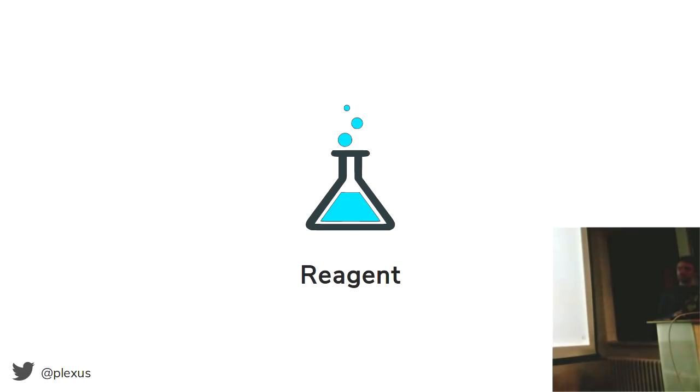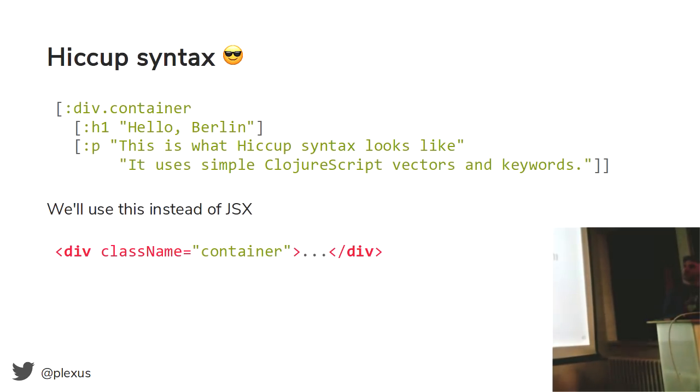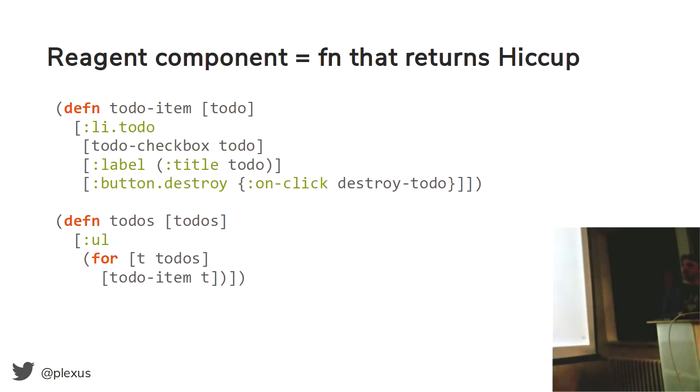So like I said, my preference goes to Reagent. In Reagent, you use something called hiccup syntax. In JavaScript, you would use JSX. We just use basically Clojure vectors, and these would turn into elements. A component then is just a function which returns this hiccup syntax, so it returns a data structure that describes your DOM.